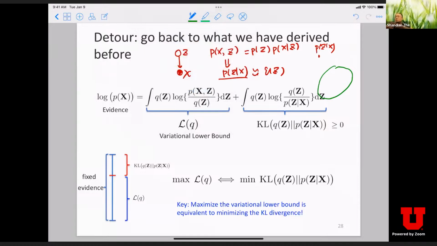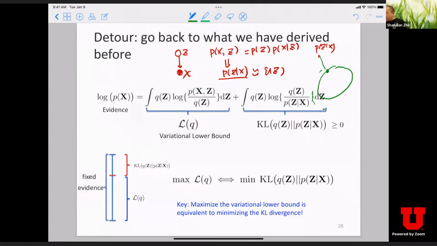That represents a family of distributions. Our goal is to find the best one in this approximation family that is closest to the ground truth. Of course, the larger the family you set, the closer the best approximate distribution is to the exact posterior. That is the trade-off.